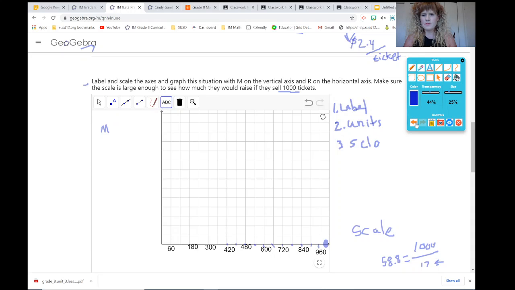I'll show you why in a minute. Oops, I can't spell when I'm talking. Scale. Okay, so do the scale on the x-axis. And in just a minute, I'll show you a trick on the y-axis that can save us some time. And then I want you to plot a point, maybe 1 or 2 points, I don't know. Plot your points, and then you need to draw the line that shows this is a proportional relationship.